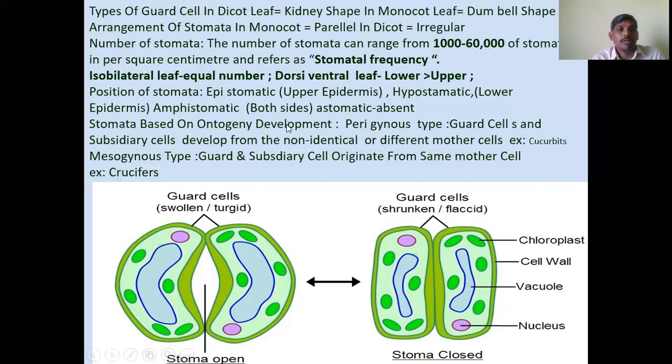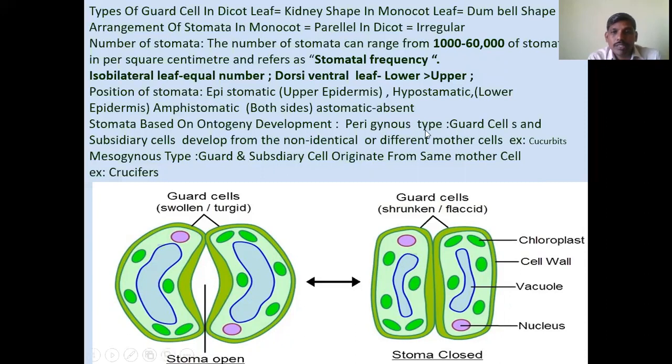Then stomata based on ontogeny or development. Stomata are classified into three types: perigenous type, mesogenous type, and mesoperigenous type. Ontogeny means how the two types of cells are derived during the development process.